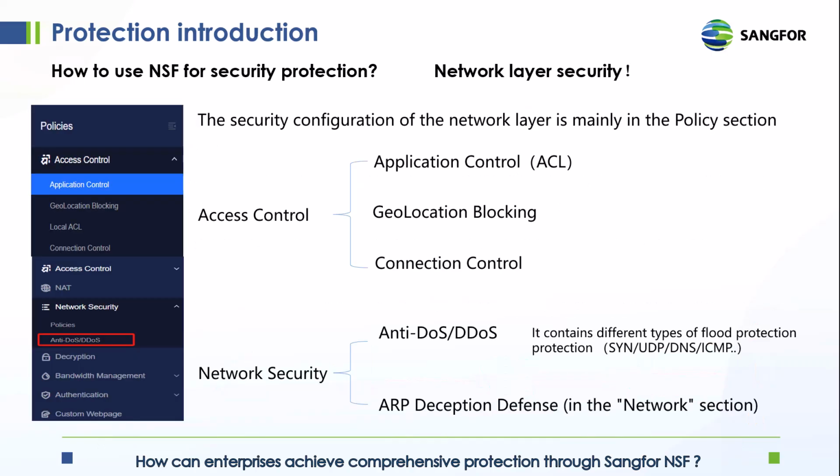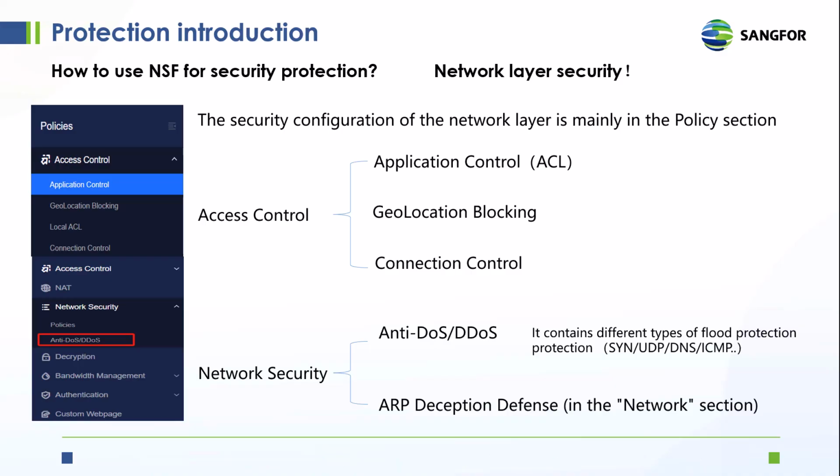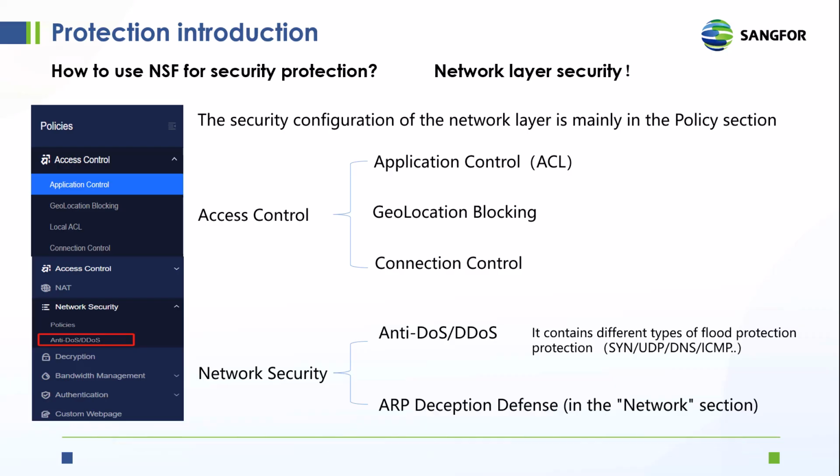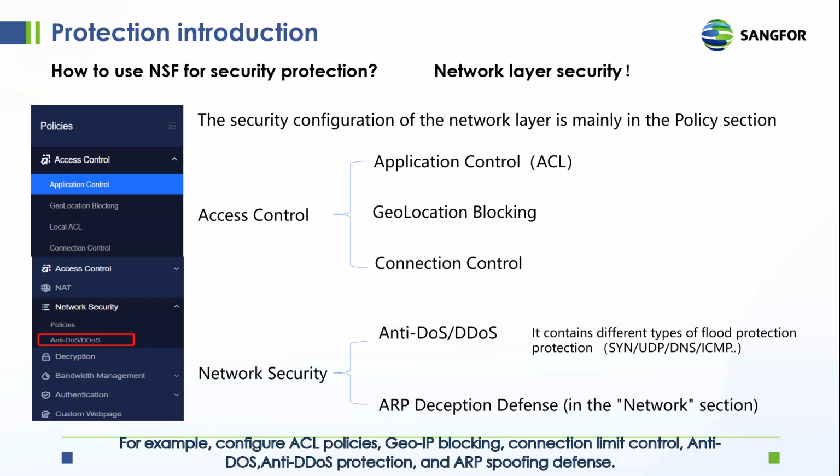How can enterprises achieve comprehensive protection through SANGFOR NSF? First, enterprises can implement initial security control by configuring network layer policies in NSF. For example, configure ACL policies, geo-IP blocking, connection limit control, anti-DoS, anti-DDoS protection, and ARP spoofing defense.